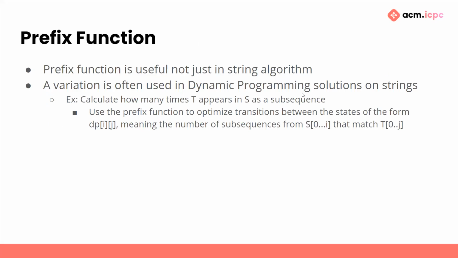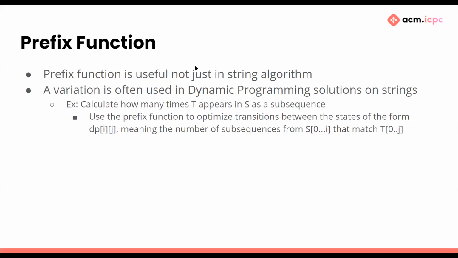So here is a further explanation on how we can use the prefix function. The example problem I put here is, let's say we want to calculate how many times a string t appears in s as a subsequence.